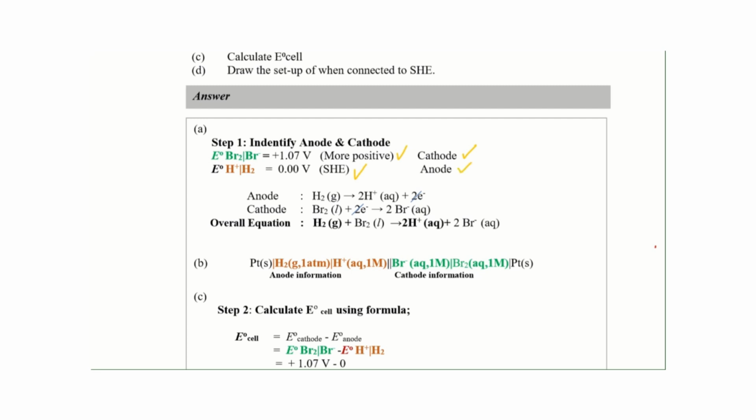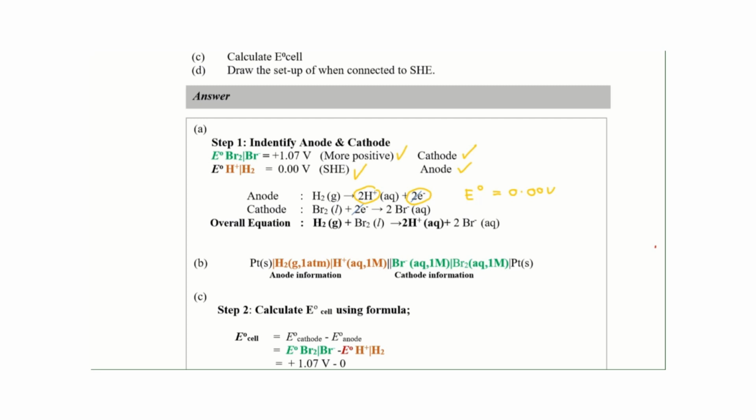After that, we have to write half cell equation at anode and cathode. So anode, hydrogen release electron, okay, and then will form H plus. So we have to balance equation. So then don't forget to write E naught value for hydrogen is 0.00 volt.